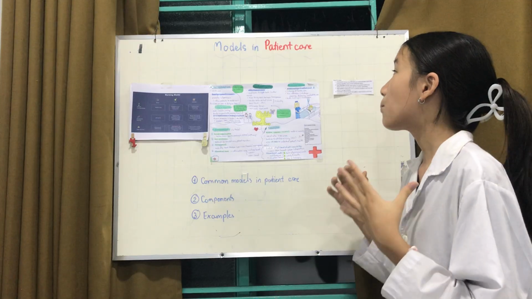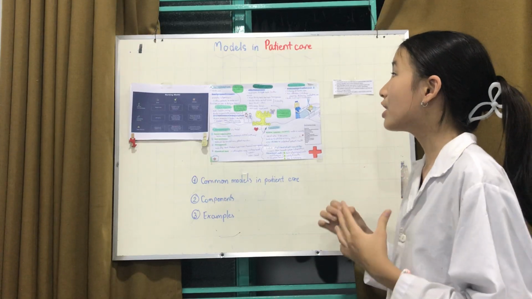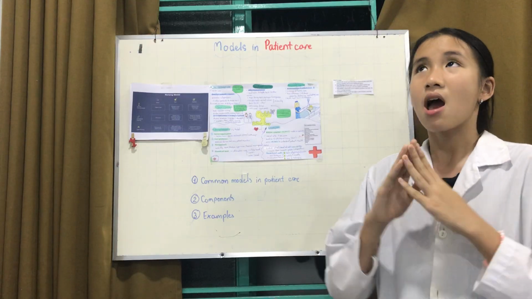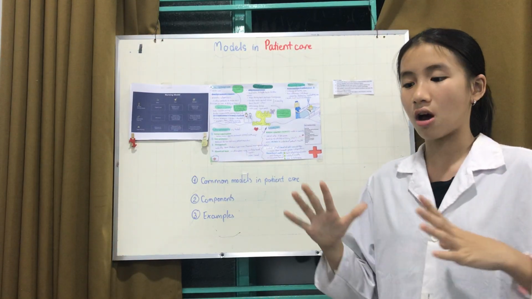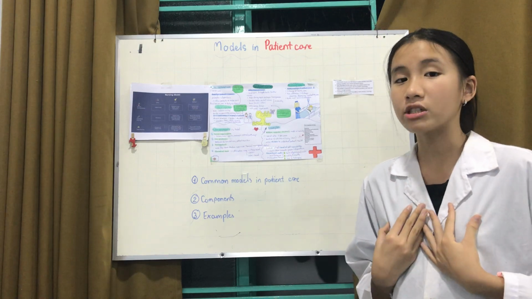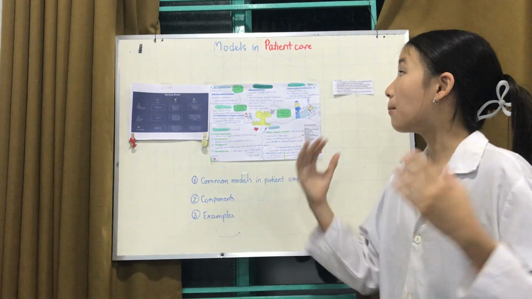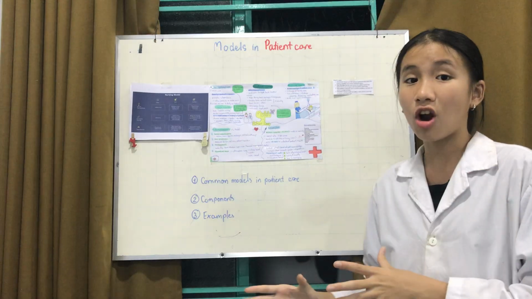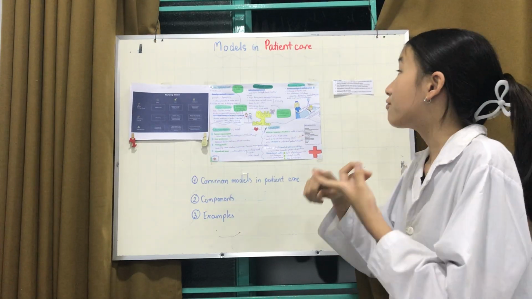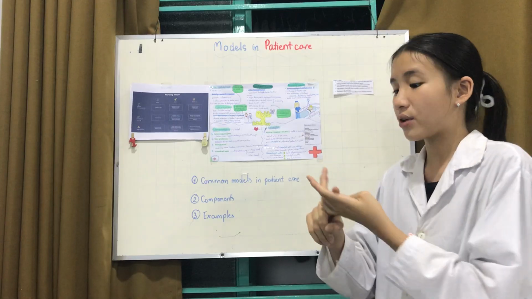The next one is primary nursing. Now, primary nursing is one-on-one, what I mean is that one nurse will be in charge of one patient. So for example, I will be in charge of one patient, and from admission to discharge, I'll be in charge of that patient, from planning, to delivering and evaluating care.